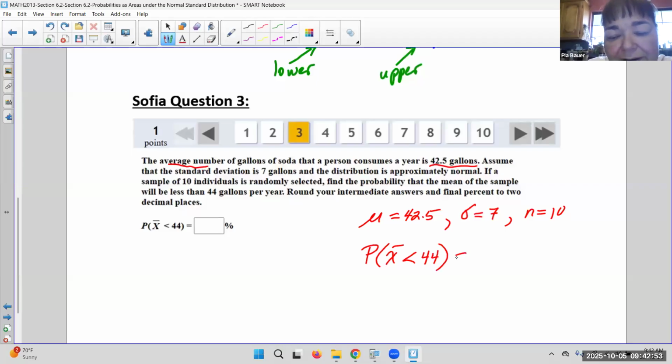But before we can do anything here and find a z-score, I need to adjust the mean with that standard error of the mean, where you take the population standard deviation divided by the square root of the sample size. So we take 7 divided by the square root of 10.